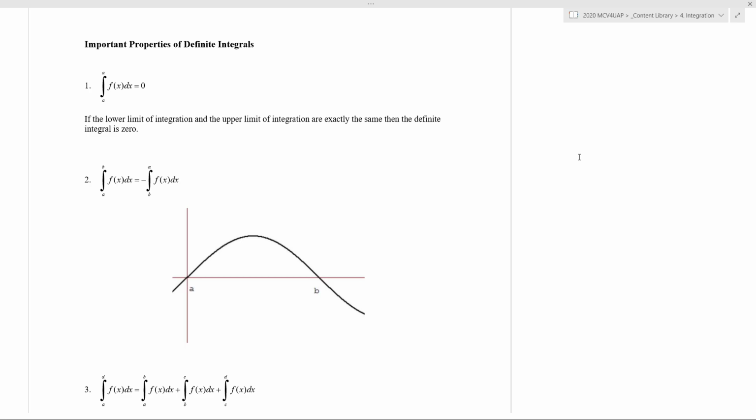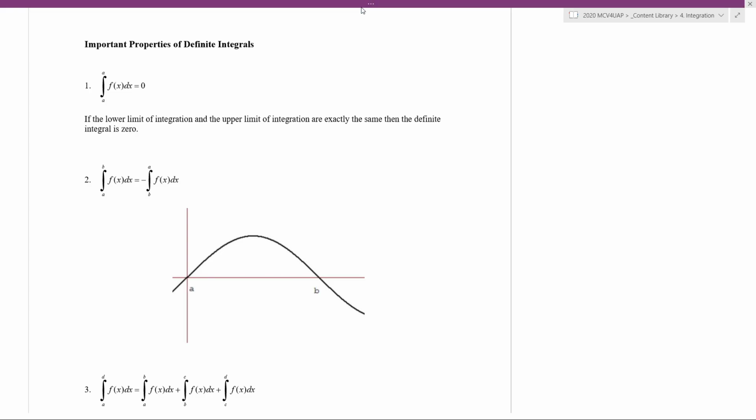That is equal to the negative of the integral when you integrate from right to left. In other words, starting at b and ending at a. So I think we covered both of those in those examples that I did last time.